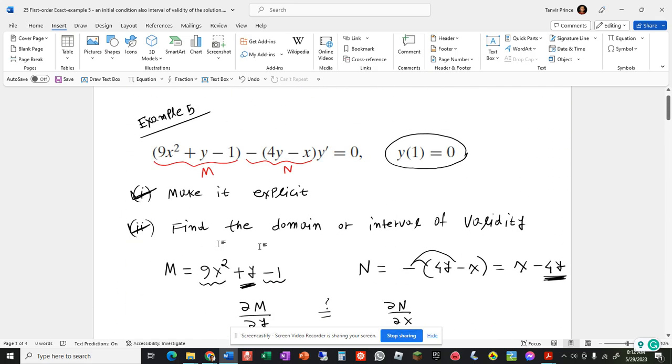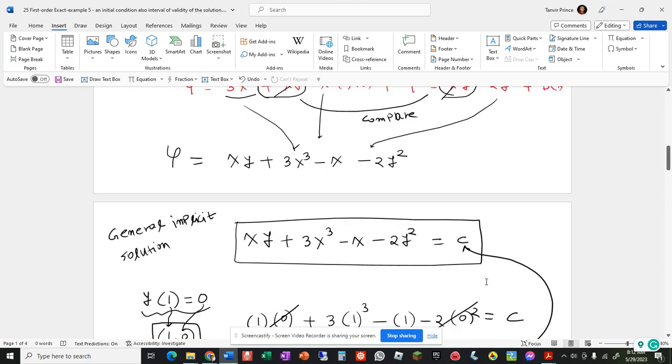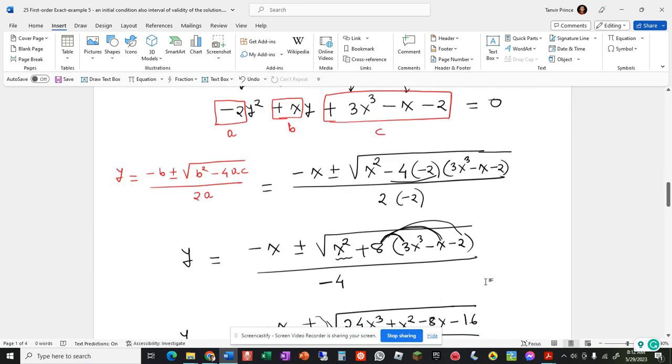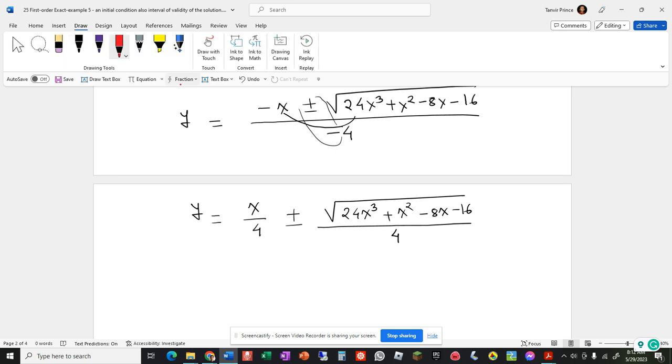It says find the domain, or interval of validity. Here, it doesn't matter which branch you choose, plus or minus. The domain will be determined by the inside of the square root. So we want x so that the inside of the square root is positive.